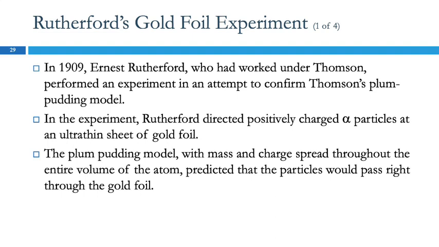So in the experiment, Rutherford directed these positively charged alpha particles at a very, very thin sheet of gold foil. So the plum pudding model predicted that we have mass and charge spread throughout the entire volume of the atom. We're predicting that these teeny tiny particles will just go straight through. They'll just shoot straight through.